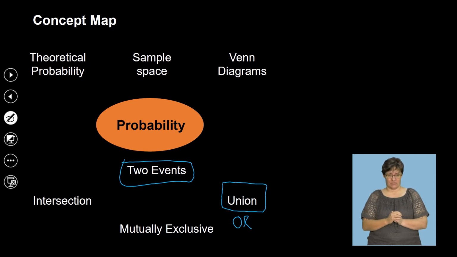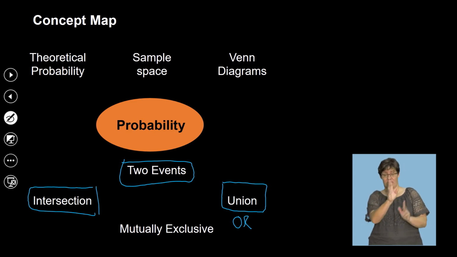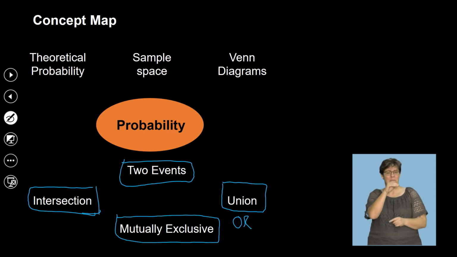Whereas what we want to look at is the idea of intersection. We've already seen that in terms of intersection, some two events have no intersection. And we're going to explain what this word then means. The idea of something being mutually exclusive.